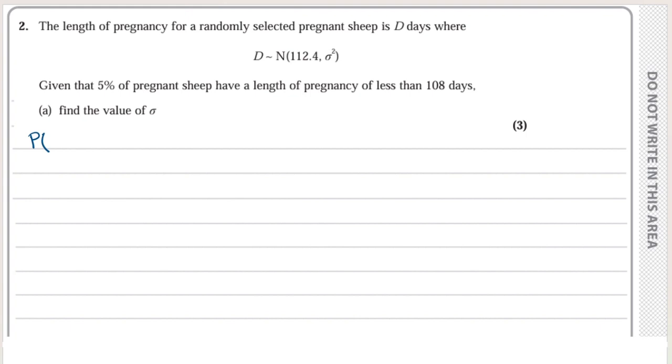So we're told that the probability of D, the number of days, to be less than 108 is 5%, which is 0.05. Using the standard normal distribution, this is equivalent to the probability of Z less than (108 minus 112.4) over sigma.